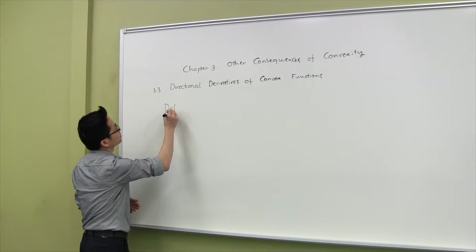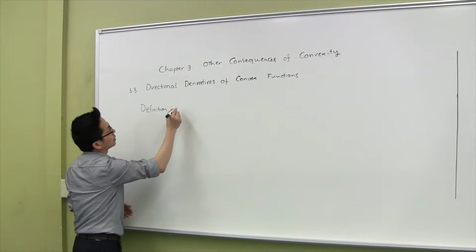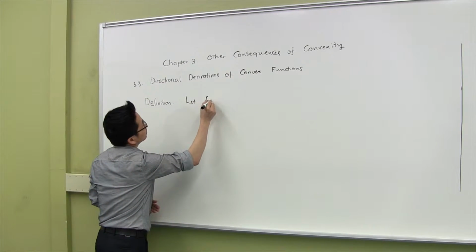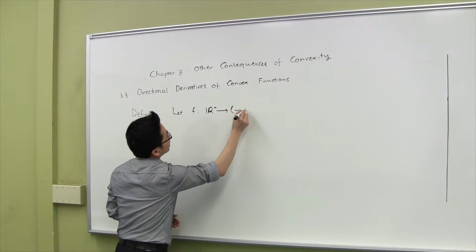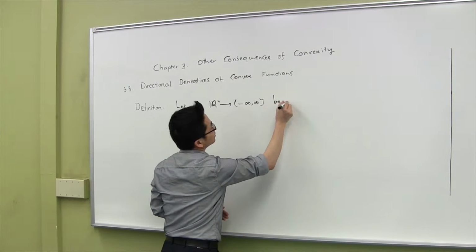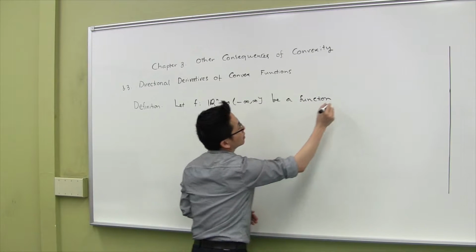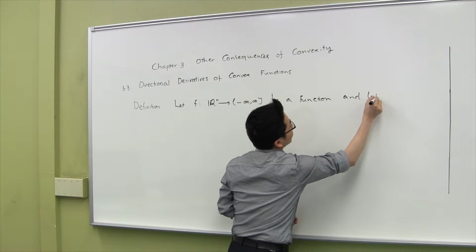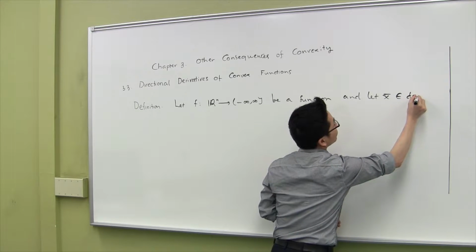Definition. Let f from Rn to the extended real line be a function and let x bar be a point in the domain of the function.